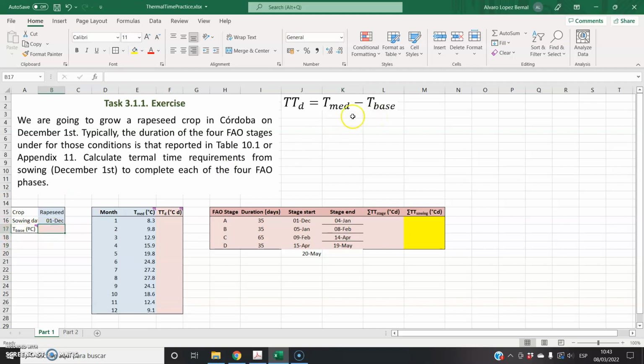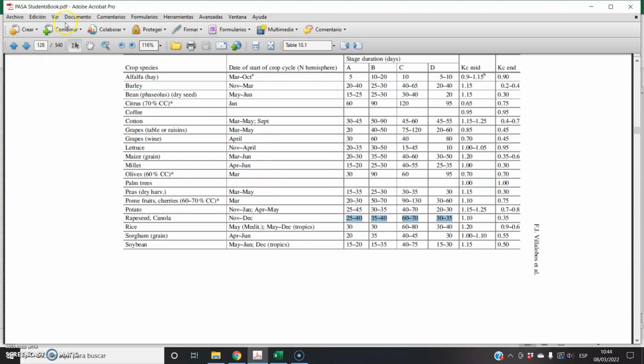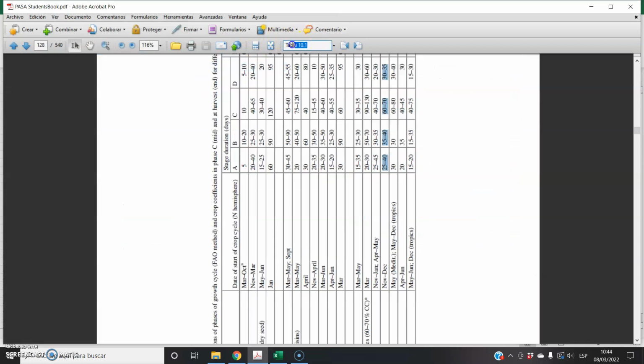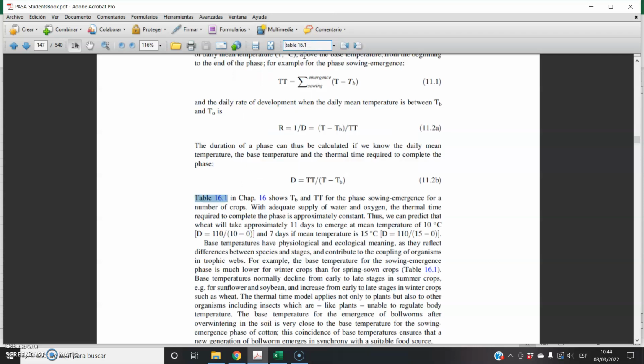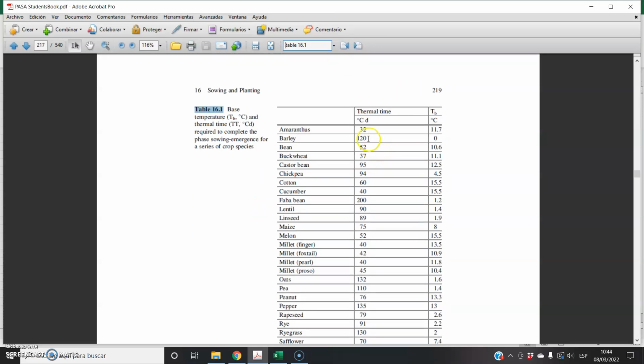To look for this value of base temperature, we should go again to the book, and we will find this information in a table. I think it's the first table in chapter 16. Let's look for it. Okay, here it is.